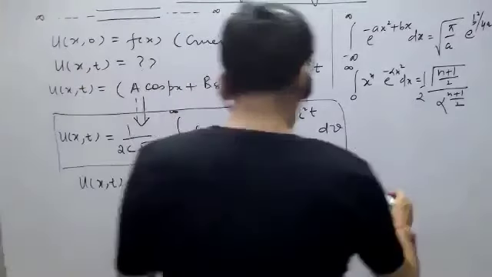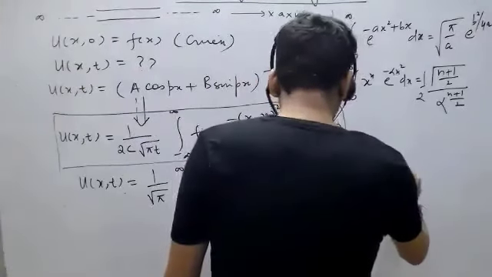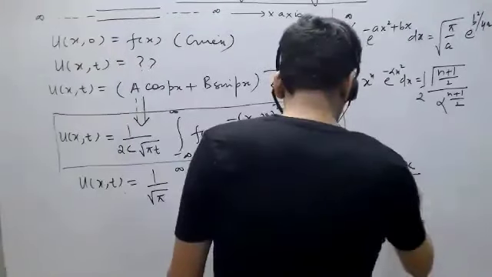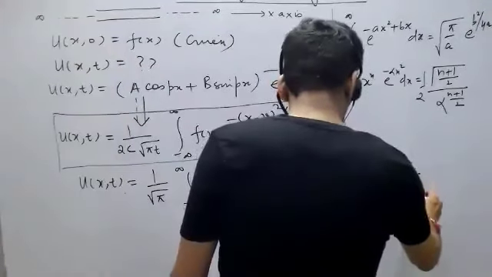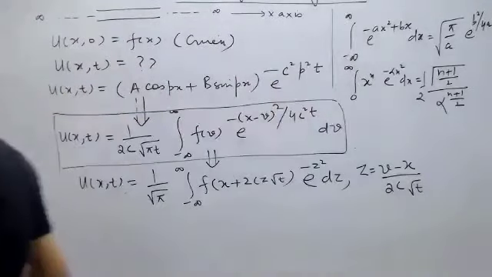And how is it converted? z is (v minus x) by 2c under root t. Okay, in this way it is converted.